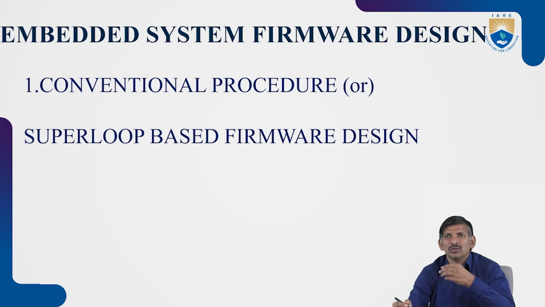Suppose I want to do a division operation first, next multiplication, next subtraction, next addition, like that. The order in which I want to do the operations is the order in which I define the instructions. This type of design is called conventional procedure based design or super loop based firmware design.